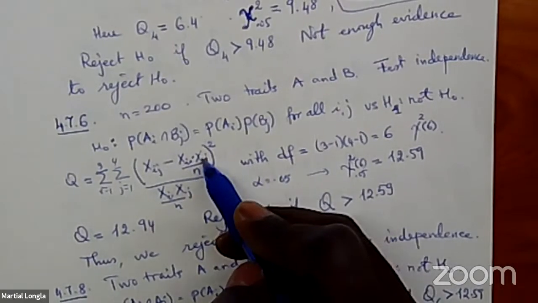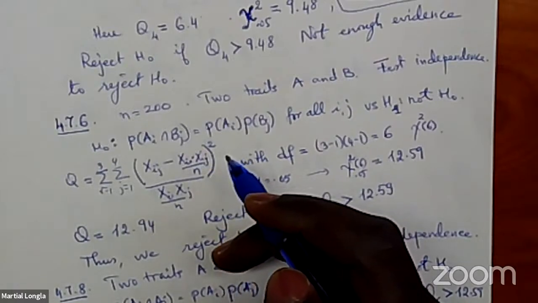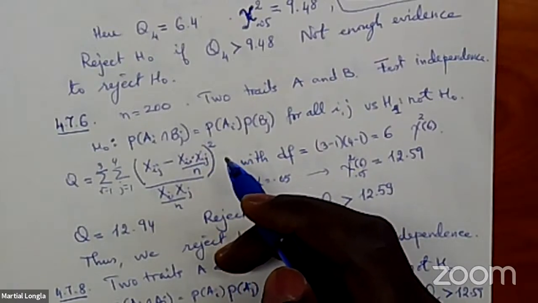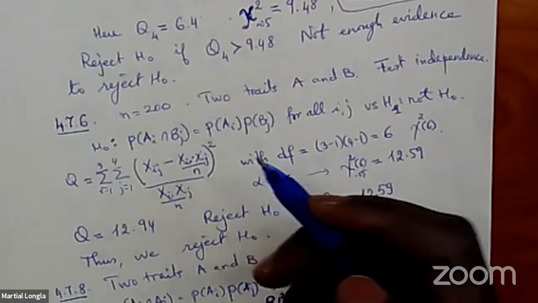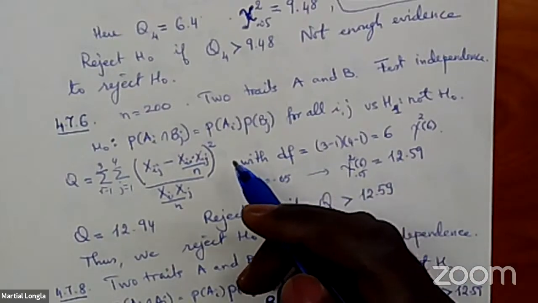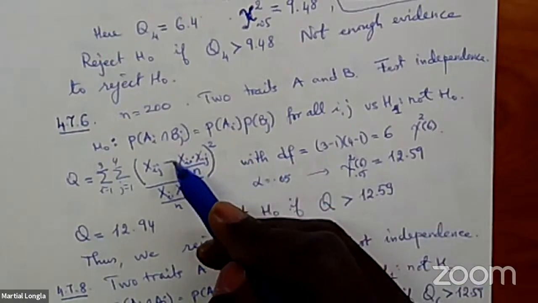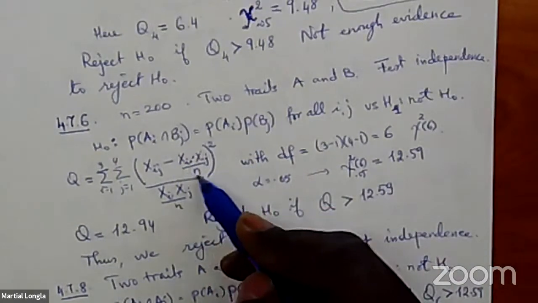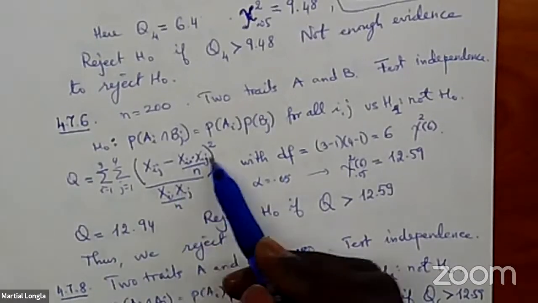And x dot j is the sum of all the observations at the level xj. When you go through bj and you add everything, and then when you go to ai, you add everything. And then when you multiply by n, that cancels one of the n's because it's supposed to be n squared. That's why you get this.